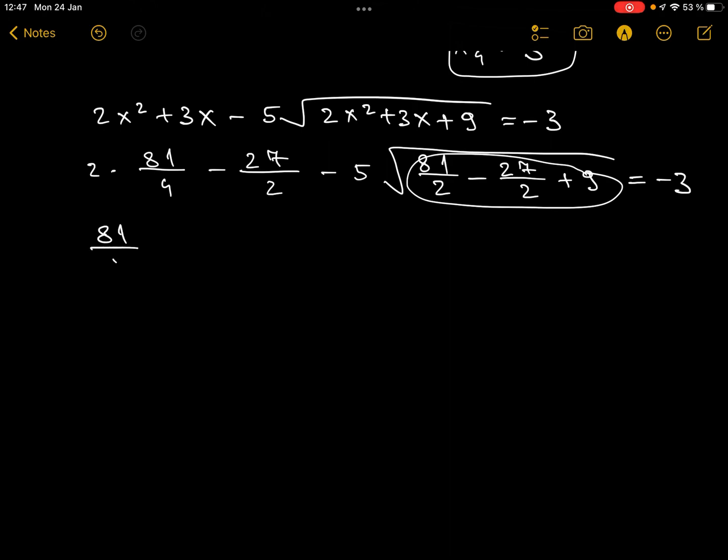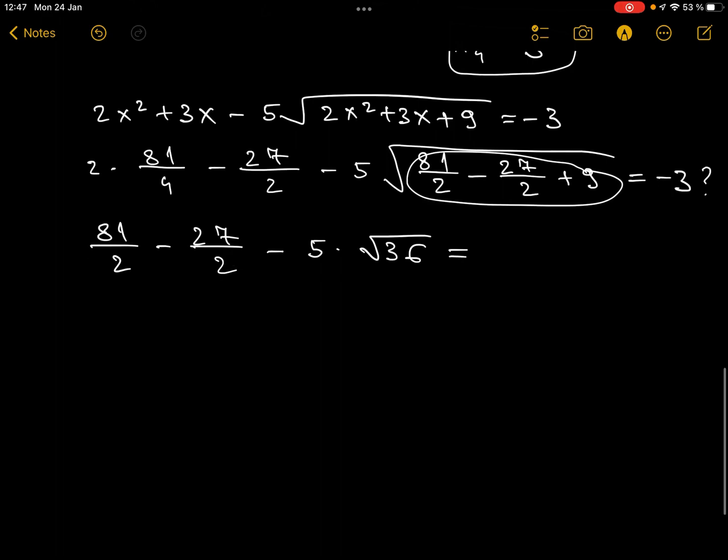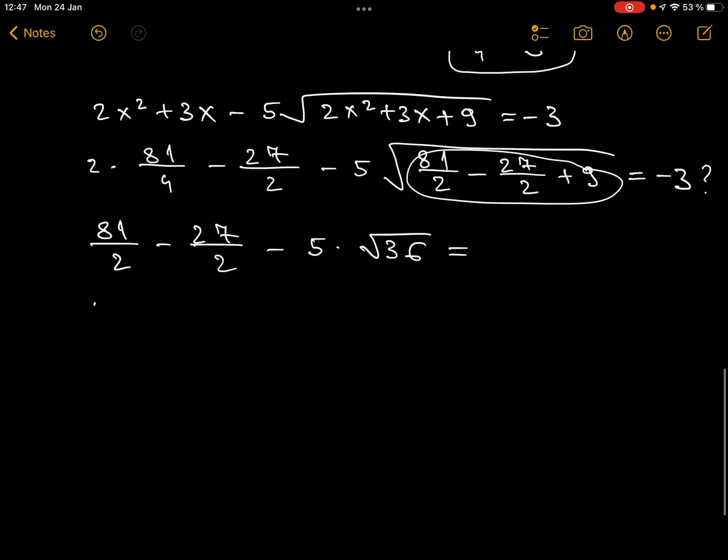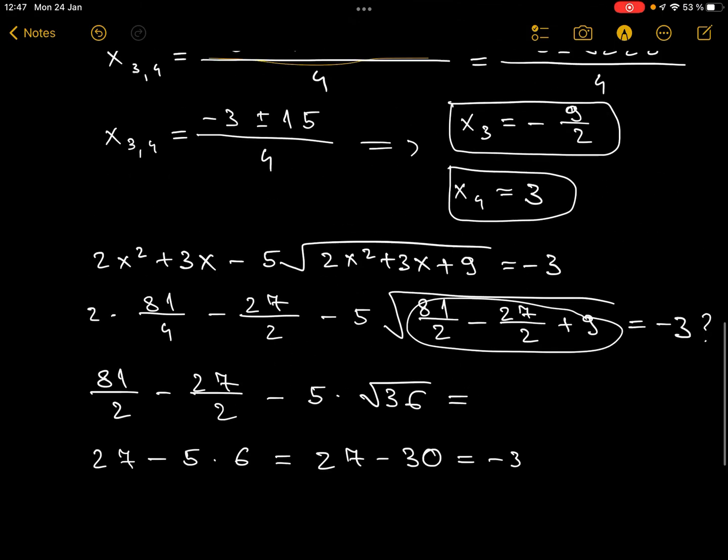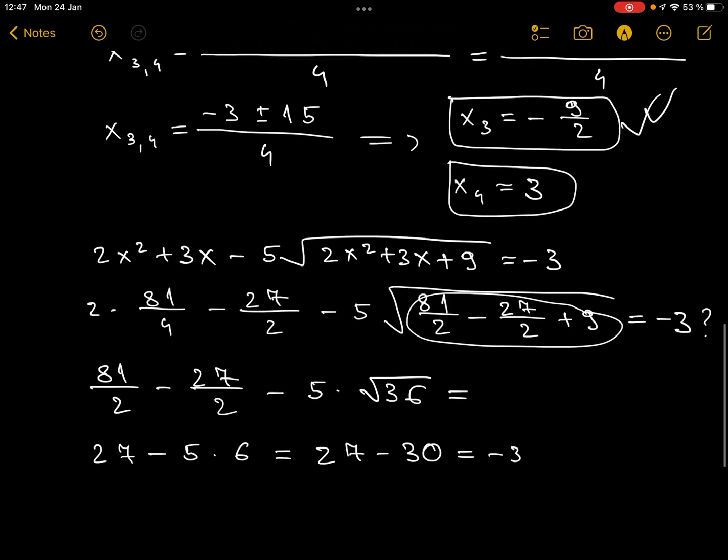So 81 over 2 minus 27 over 2 minus 5 times the square root of 36 is equal to 81 minus 27 divided by 2, 27, minus 5 times the square root of 36 is just 6, which is 27 minus 30, which is equal to -3. So our first solution is correct.